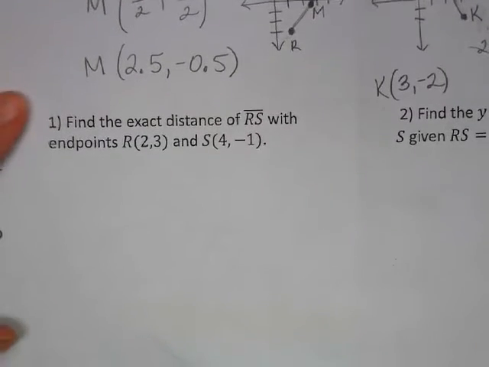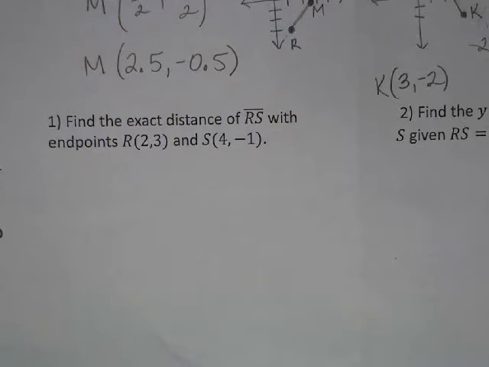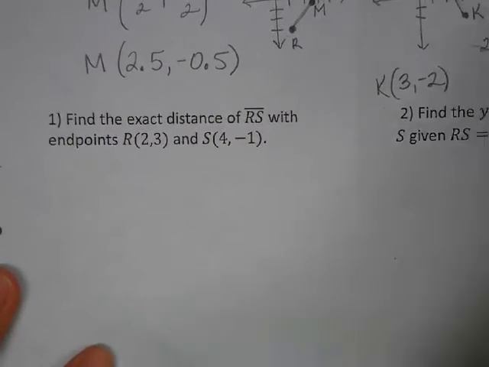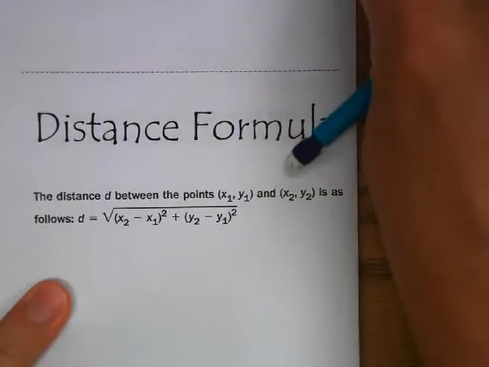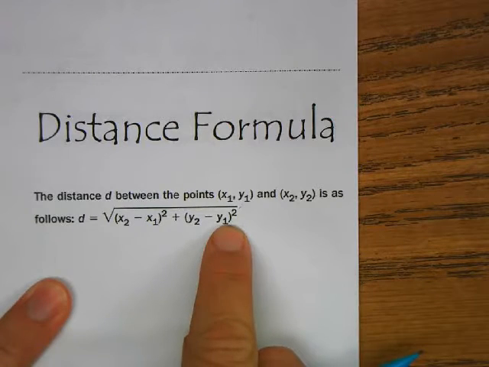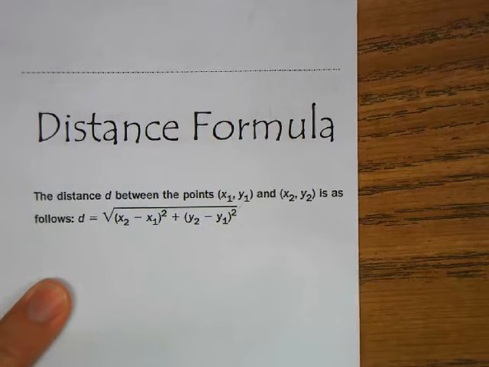The two examples on the bottom are using the distance formula. So when it says exact distance, that's when you have to keep your answer in simplest radical form. So just like the midpoint formula, start by copying this formula down, and then we can substitute in values.